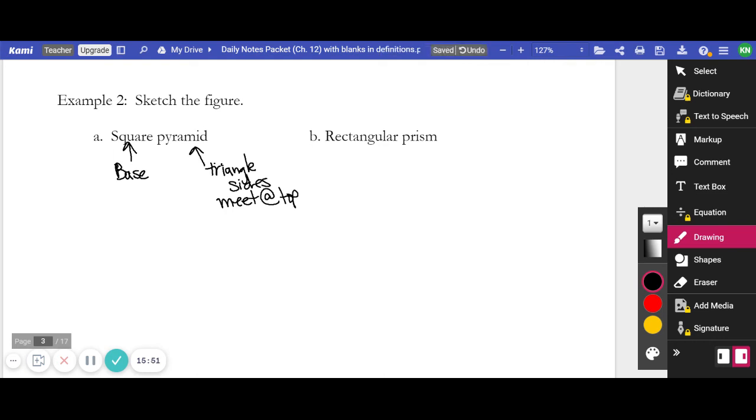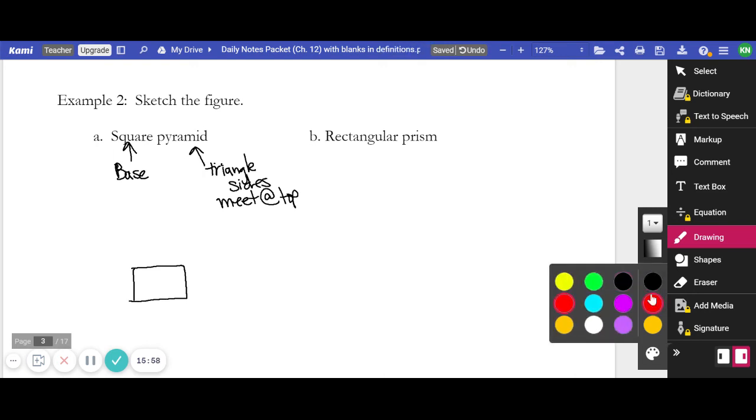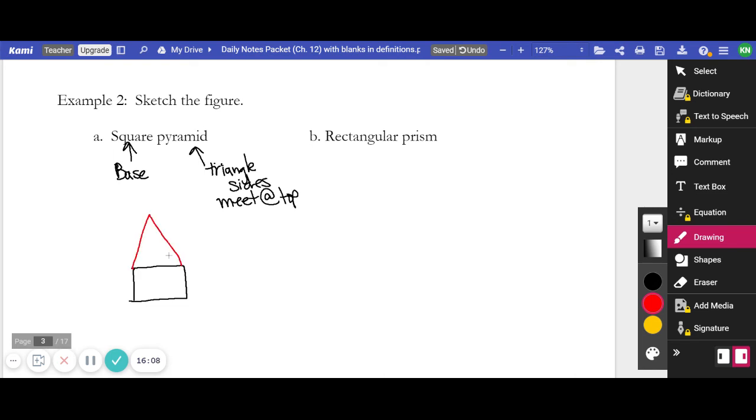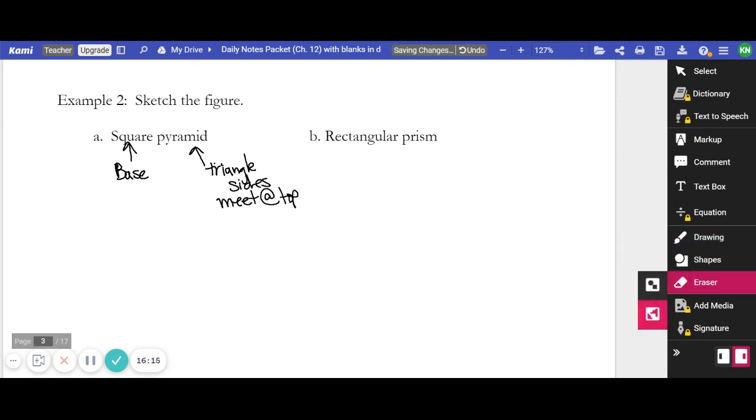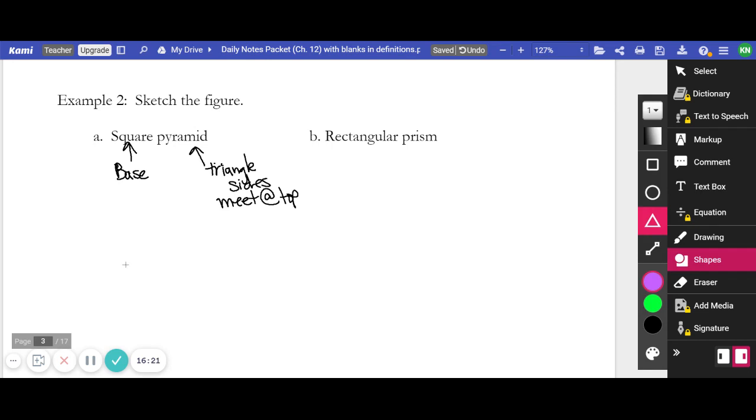Okay, so let's try ourselves drawing a square. Gosh, I don't even know how I'm going to do this. I'll draw a triangle that goes up. Nope, this isn't going to work, is it? I struggle with three-dimensional drawing. How about you? I'll try one more time.